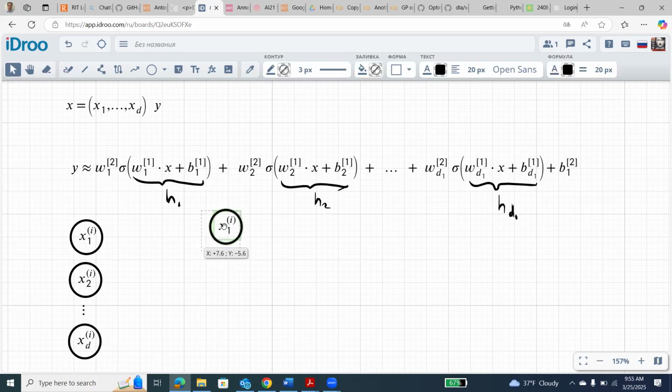We're not limited to having the same number of hidden features. This number of sigmoids can be arbitrary, so that's why here I'm using D1 for the dimension and D for the input dimension.